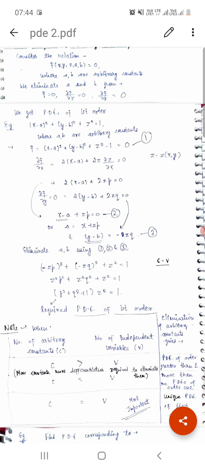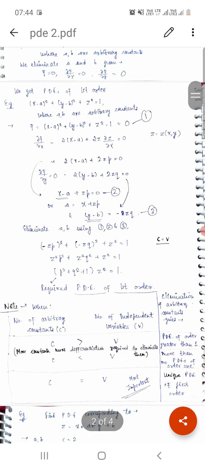And then we will partially differentiate f with respect to y and get del f by del y equals 0. As you can see, the equations we get are x minus a plus zp equals 0 and y minus b equals minus zq. Either we can use these equations for values of a or b, or simply substitute the values of x minus a and y minus b in equation number 1, which is the easier thing to do.